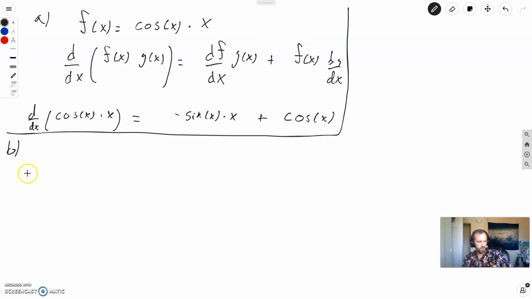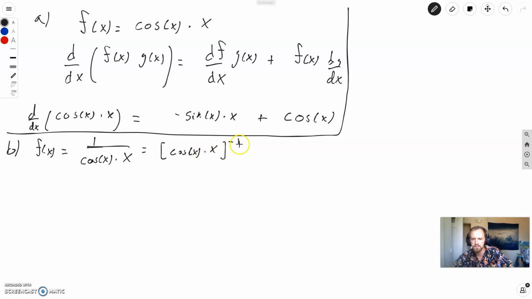Okay, part B says 1 over the cosine of, it's 1 over the same function. So now we have f of x equals 1 over cosine of x times x. What does this look like? Well, I can rewrite this like this: cosine of x times x, whole thing to the negative 1. So this is going to be a chain rule differentiation.